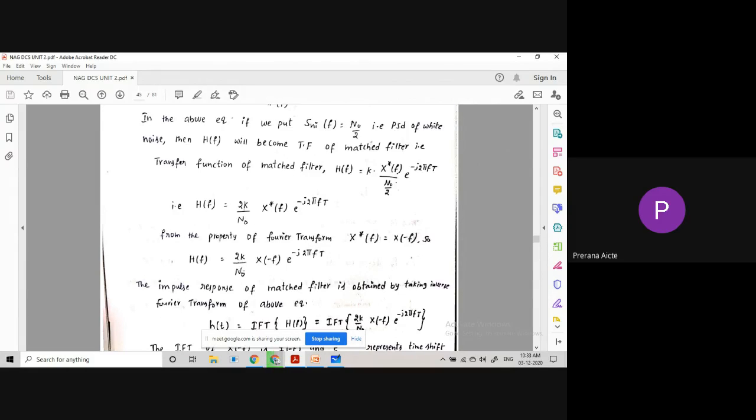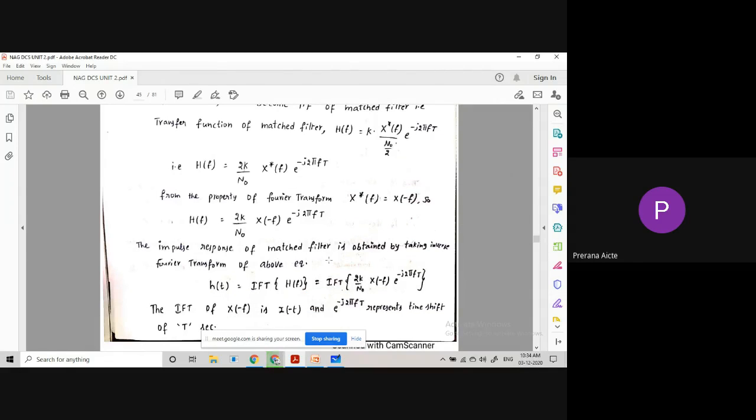H(f) equals 2k/N0, because we know the relation X conjugate of f equals X of minus f. So that should be replaced, giving 2k/N0 times X(-f) e^(-j2πfT). Then how do you obtain the impulse response of the matched filter?